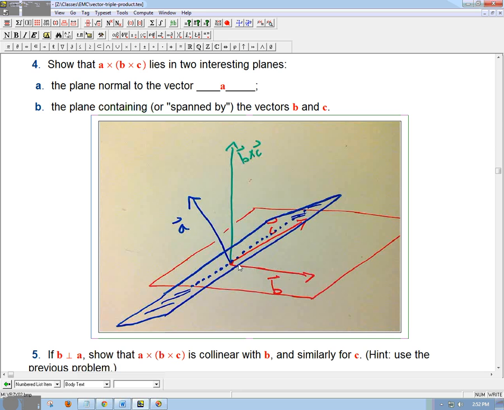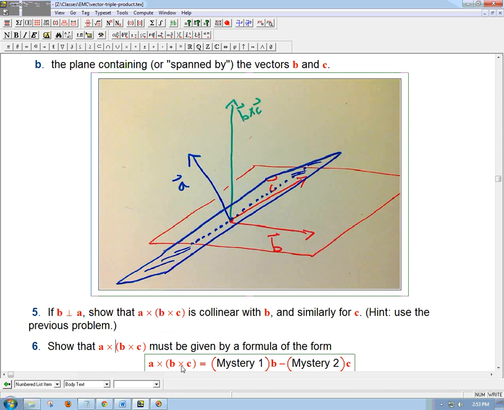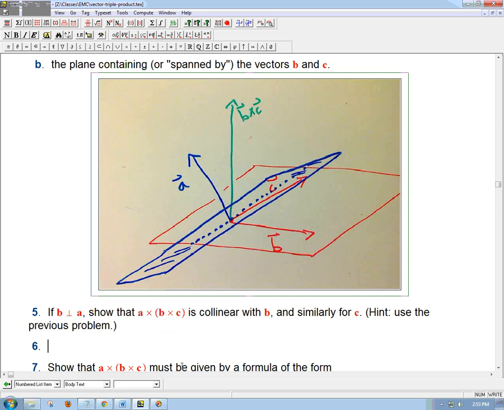Suppose that B and A are actually perpendicular. So maybe move A around a bit until that's perpendicular. What's going to happen? The claim is that A cross B cross C is therefore collinear with B. I think this is where one of the more subtle things about this phenomenon comes in.